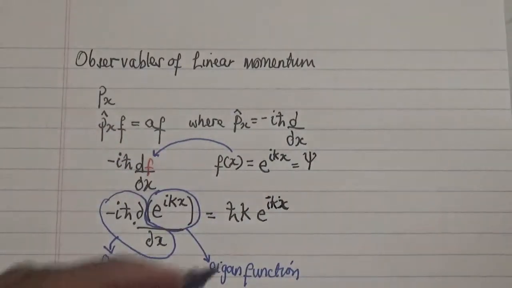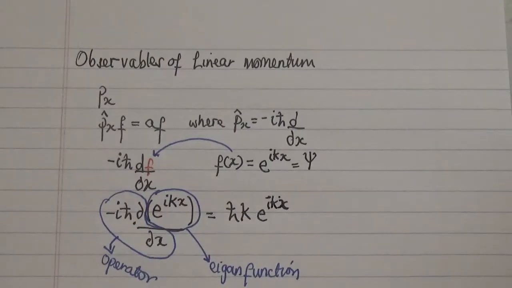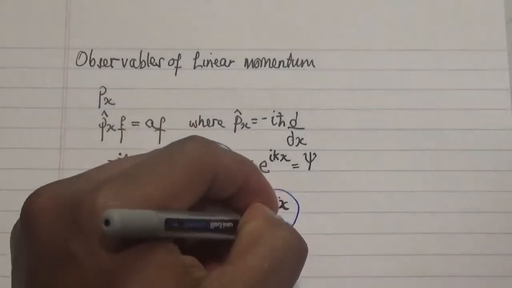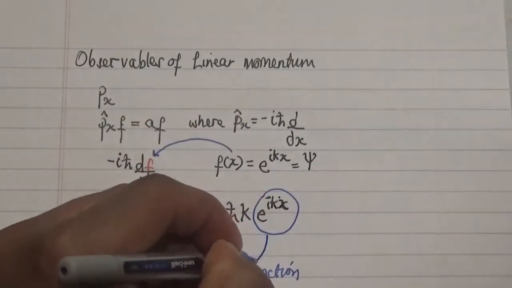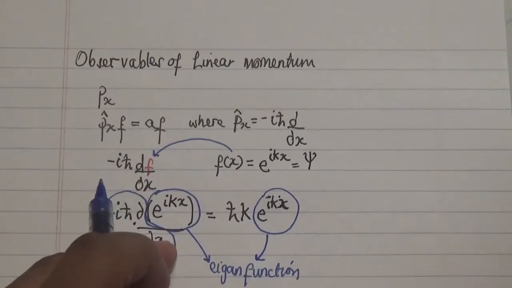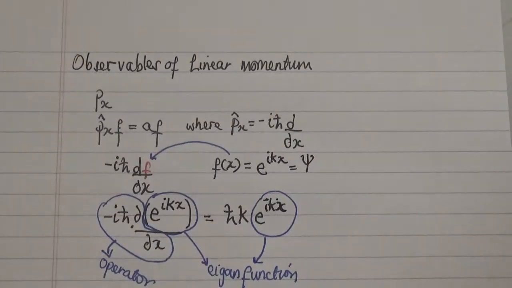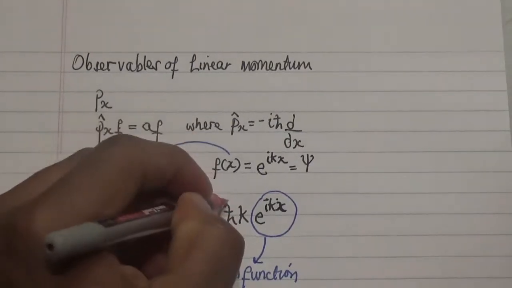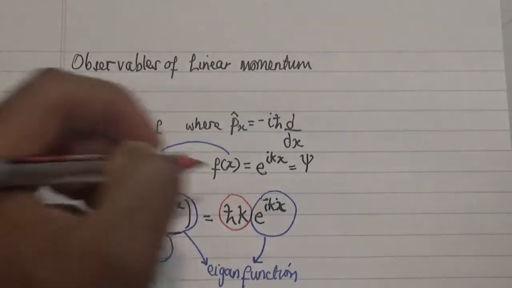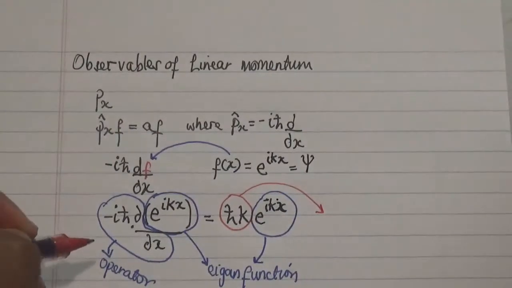So once our original function is reproduced, what we get as a result is our eigenfunction, which is regenerated after we perform the first derivative, and the resulting product here is our eigenvalue.